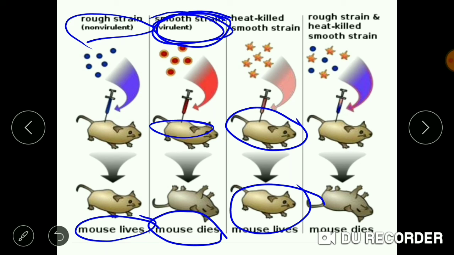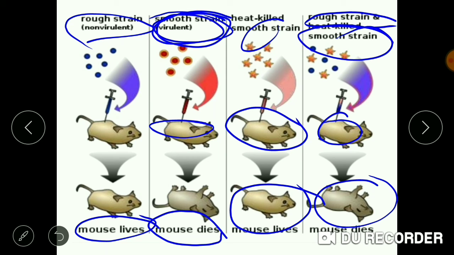Now he took the rough strain, which is the non-virulent one, and the heat killed smooth strain, both of them, and again injected them into the mice, and he observed that the mouse dies. Why does this happen?